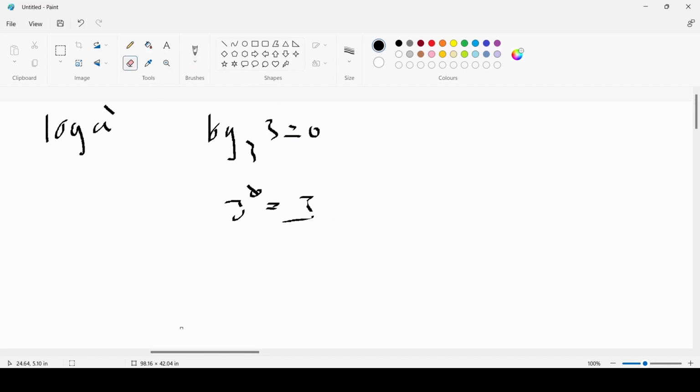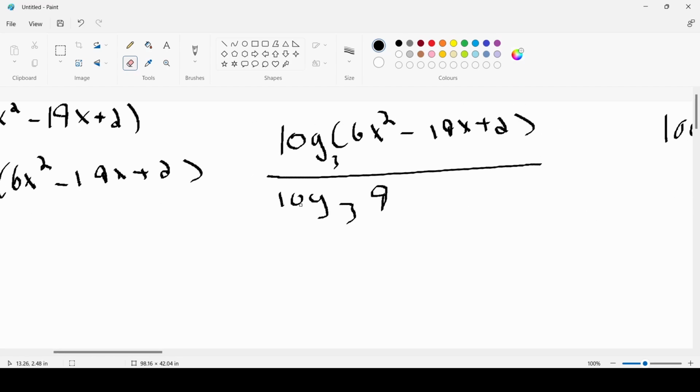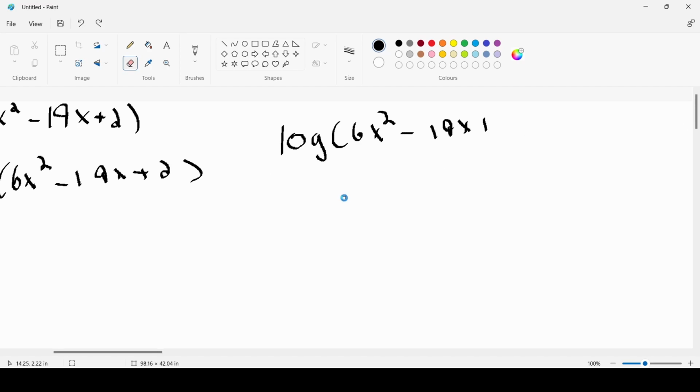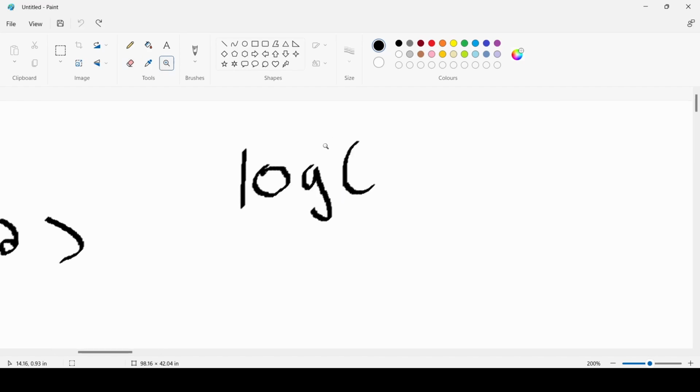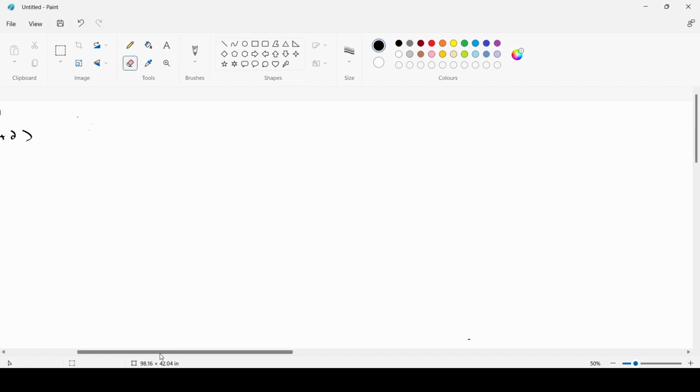Can I make this bigger? Okay, let's ignore that. So that should explain this. Control Z works, yes. Okay, so that's how I get the 1/2.